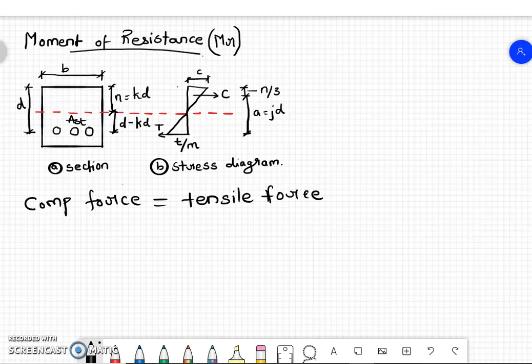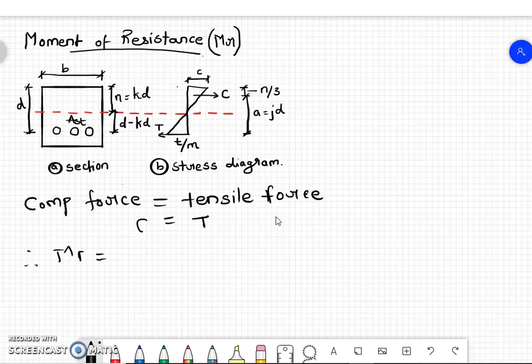So total compressive force, that is capital C, will be equal to capital T. Therefore moment of resistance, that is MR, will be equal to the moment of couple consisting of compression and tensile force.